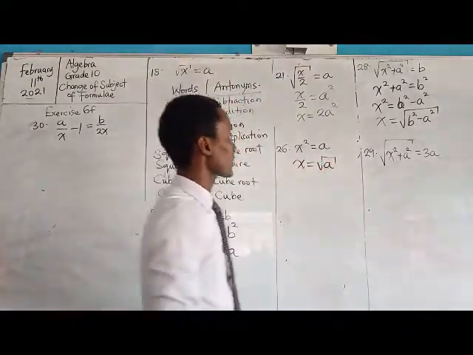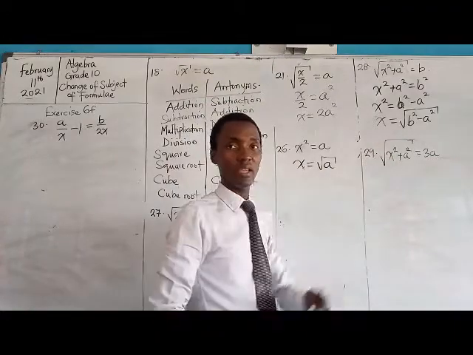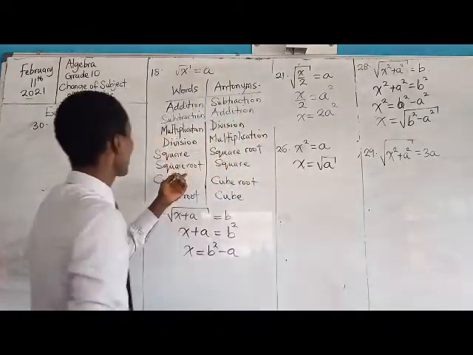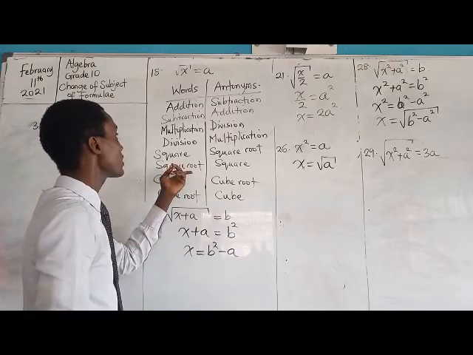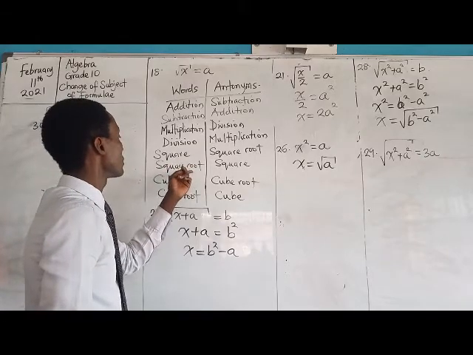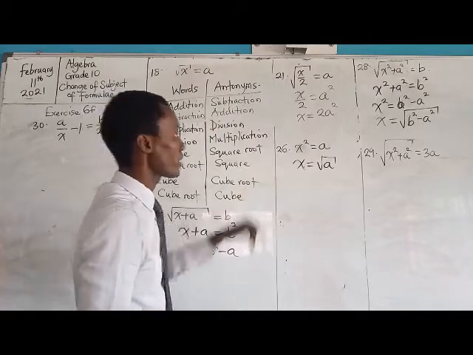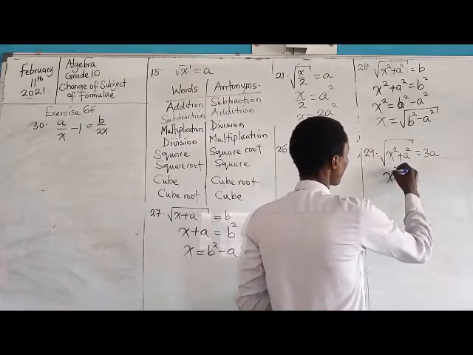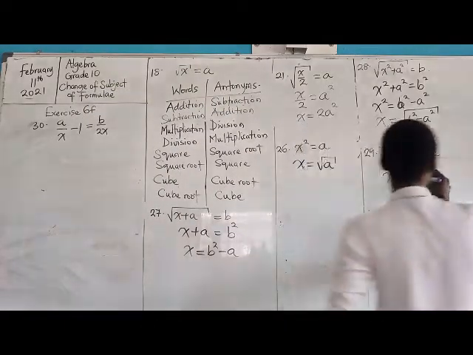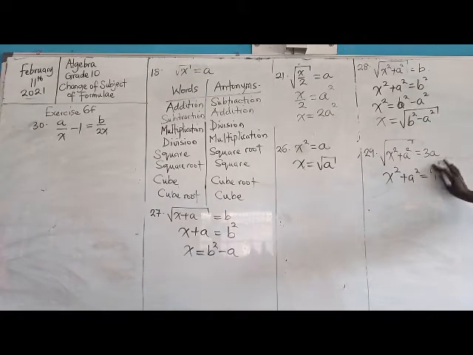Question 29. Same thing, I'm seeing square roots there. So I come to the department, I ask them, please, could you give me a remedy for square root? And they say, you need the antonym called what? Square. So I come here, I have x squared plus a squared equal to what? 9 equal to 3a all squared.